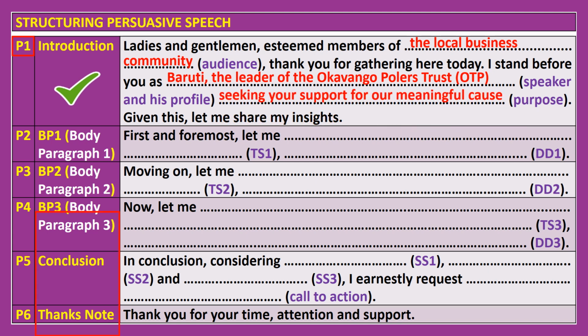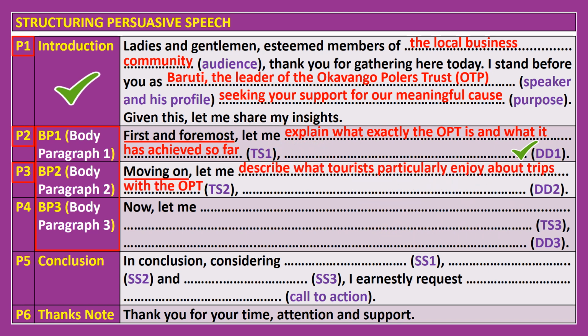Write three body paragraphs, P2 to P4. For P2, use a relevant transition and a topic sentence to introduce the first bullet point. Follow up with the developed details for the first bullet point. Refer to the following slides for the developed details. For P3, use a relevant transition and a topic sentence to introduce the second bullet point.